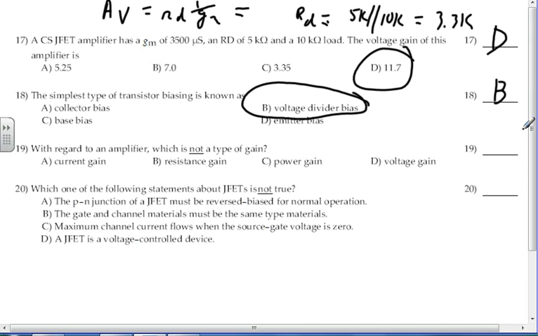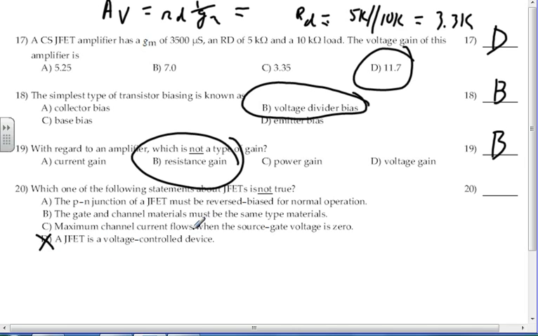With regard to an amplifier, which is not a type of gain, resistance gain, right? Exactly. Which one of the following statements for a JFET is not true? Okay, so it is a voltage control device.